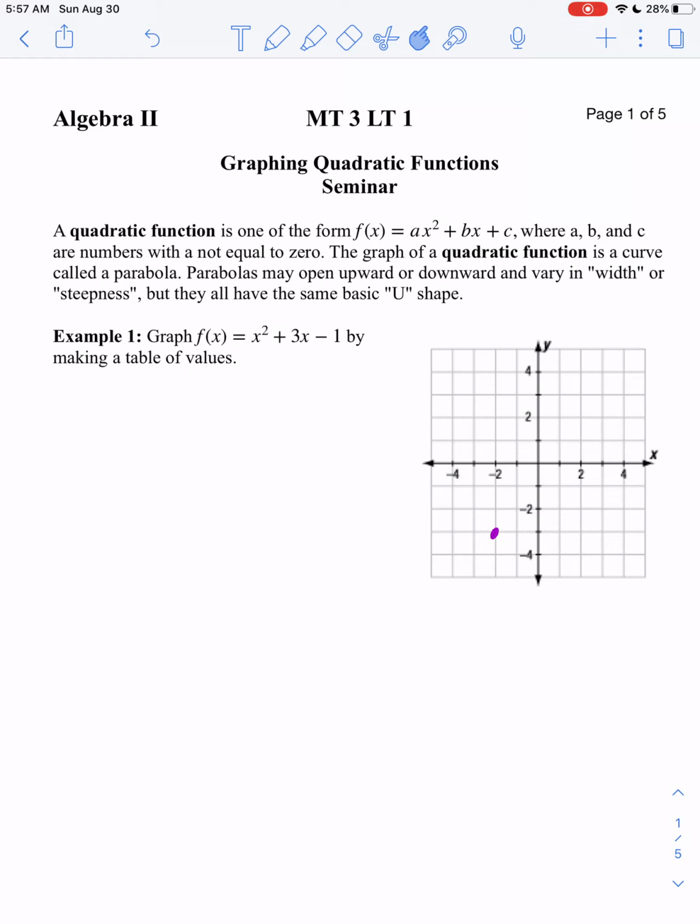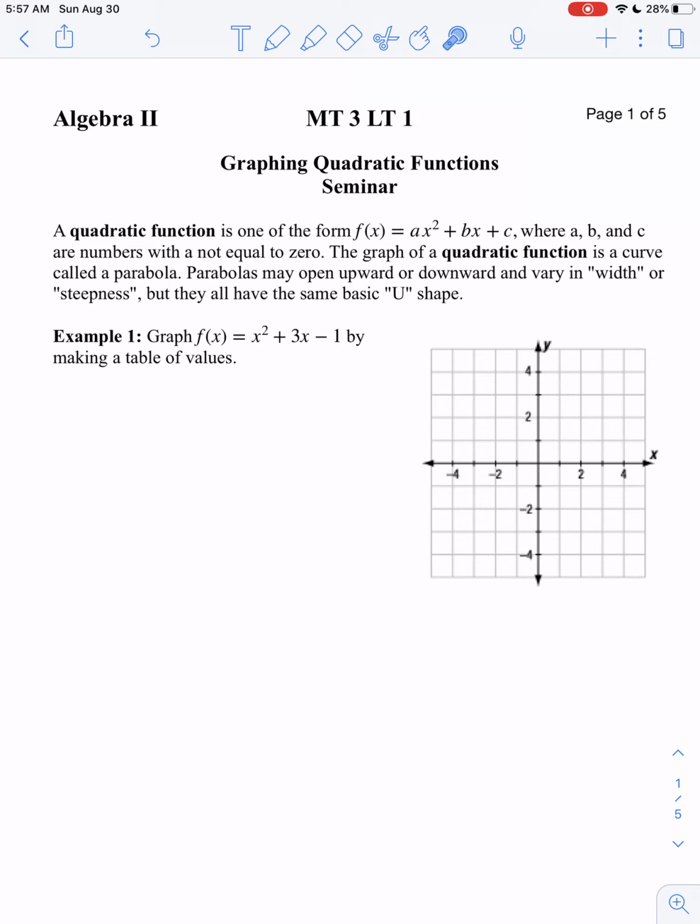First off, a quadratic function is any function that has a squared term in it. The other terms don't even have to be there, but you can have A, B, and C be any numbers in the world, except A can't be 0, because if A was 0, that would not be quadratic.